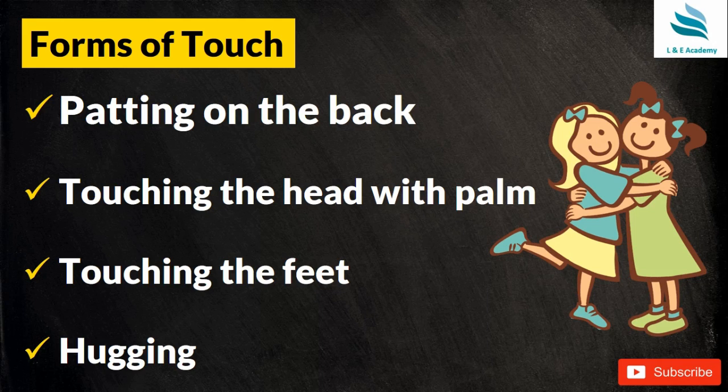So if you touch the head of a child in those countries while giving a blessing, it would be considered unauspicious, it would be considered wrong. So this is what is important for us to know. The forms of touch which we use may not be appropriate to the other person, to the other religion, to the other community, in the other country, to the other context.